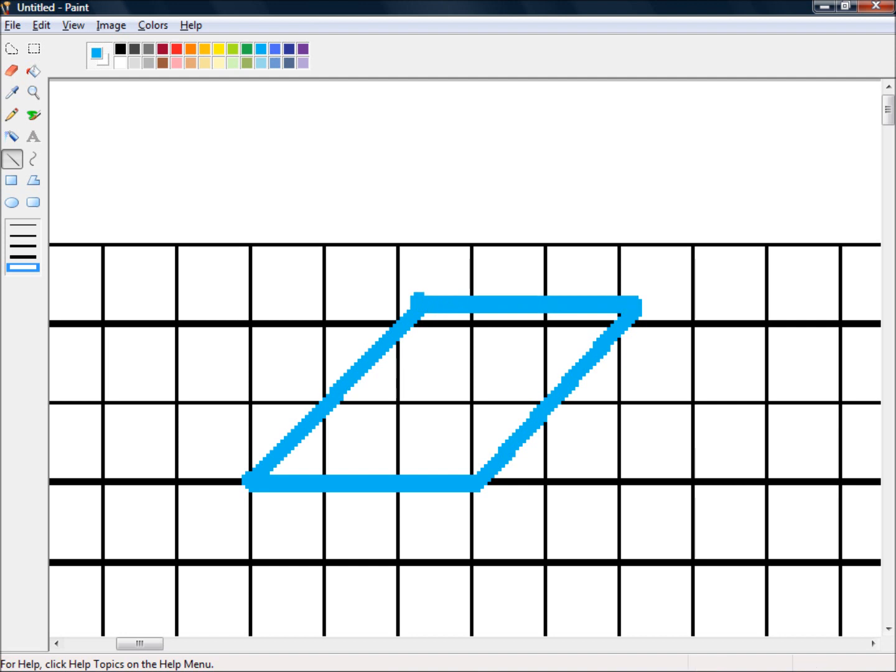And now if we try to count our area, well, we've got, I'm going to call that a whole 1, 2, 3, and that's 4 whole squares, and these 2 squares are going to equal 1 whole 1 combined, so I'm going to call that a half a square.